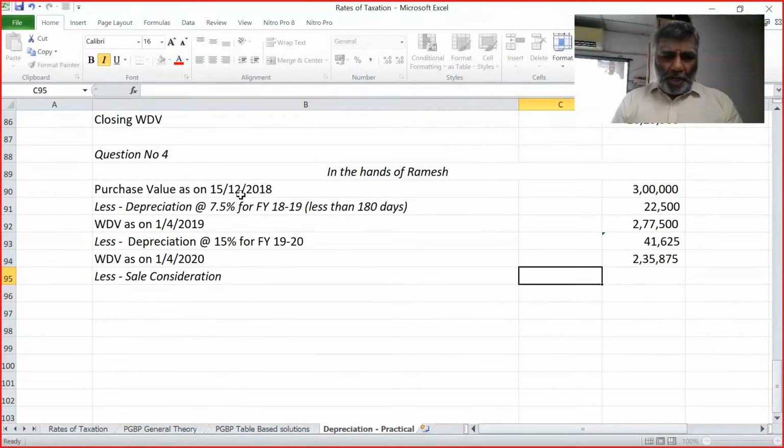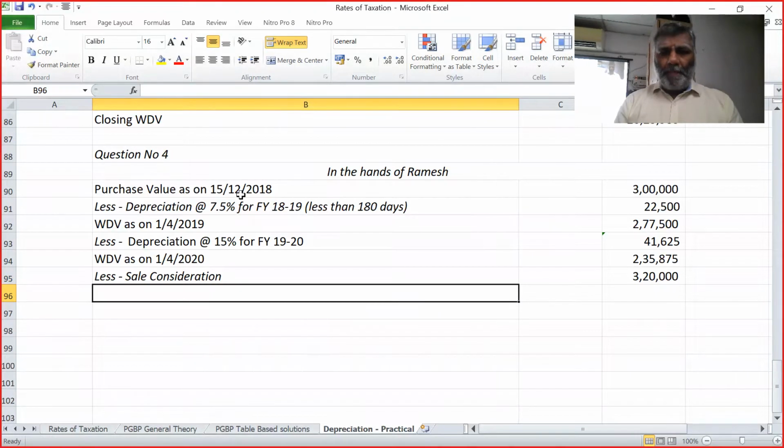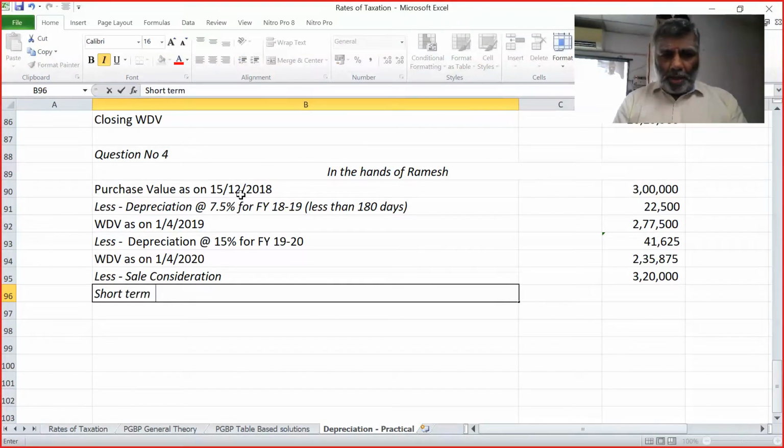So sale consideration 3,20,000 results in short term capital gains, STCG.